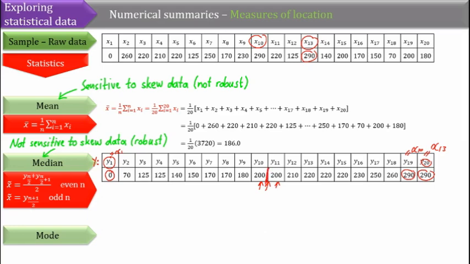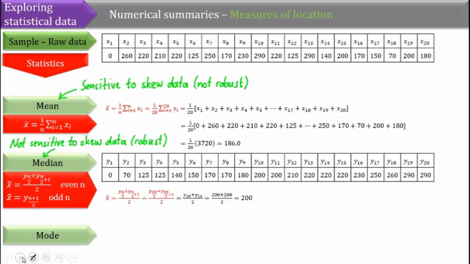Now the middle point is not on a value because we have 10 to the left and 10 to the right. So what we'll do is we'll take 200 plus 200 divided by 2, which is still 200. But the point is we'll take the average of those two middle values because we don't have a single value sitting over there. We'll take the average of the middle two.